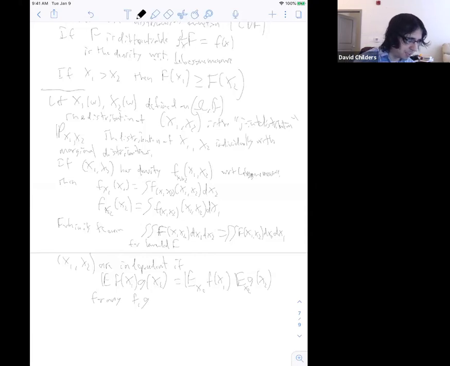So if densities exist, independence is equivalent to the joint density f_{x1,x2}(x1, x2) being equal to the product of the marginal densities.